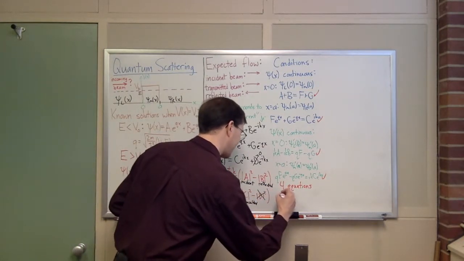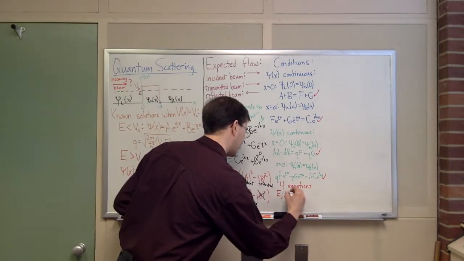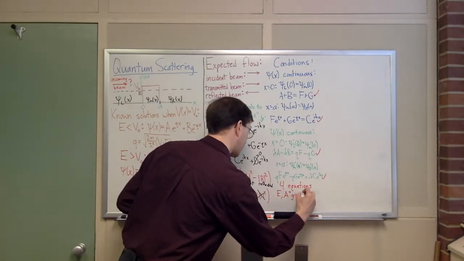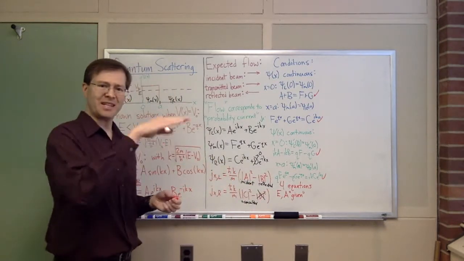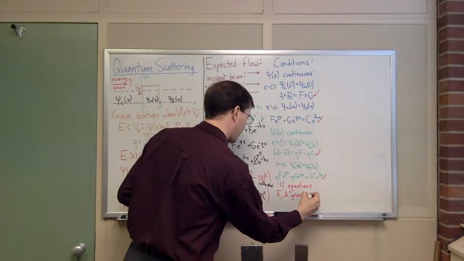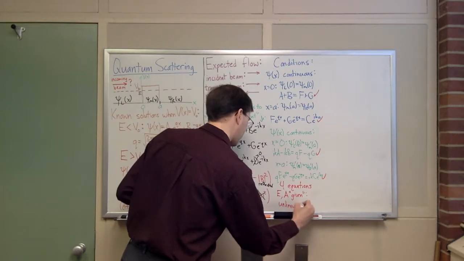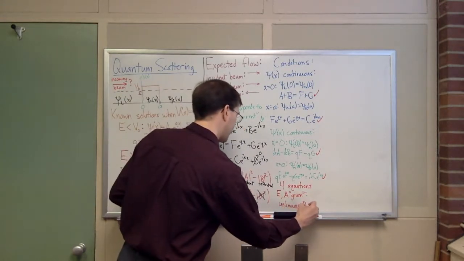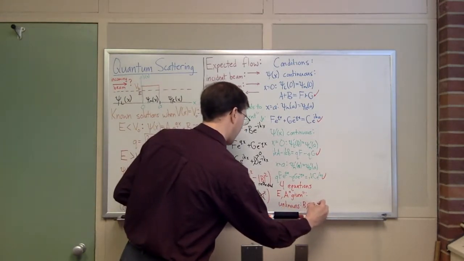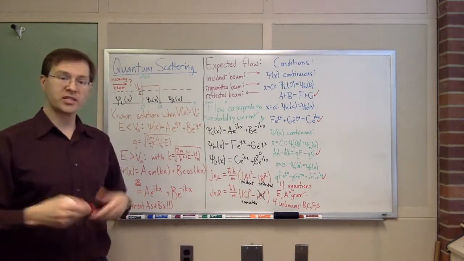So I can say that E and A are given values, because I could tune A to be anything I wanted. Send more particles, just make A bigger. E and A given, so my unknowns are going to be B, C, F, and G. So I've got 4 unknowns. 4 equations and 4 unknowns.